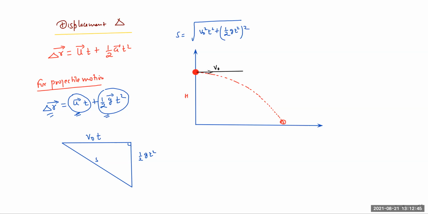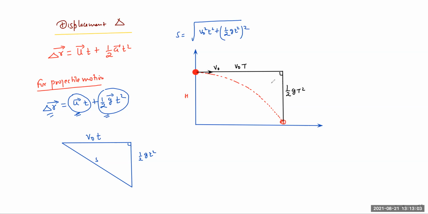So I can say that in the time in which you moved horizontally, in the same time gravity pulled you down by exactly h, isn't it? So you traveled v naught t, and in the same time you have been pulled exactly downward. So these are two different events.